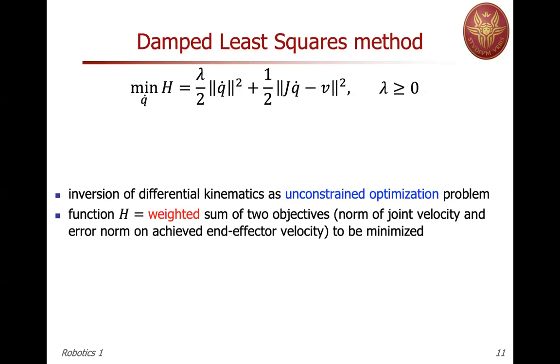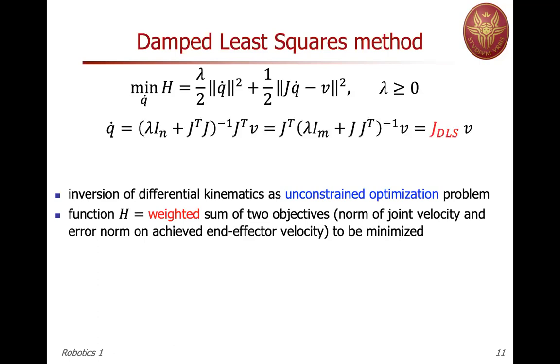But if you care, you introduce this term, which will increase the value of the objective function in case you are just inverting the Jacobian and getting very large values. So this is forbidden by this. You see that we are not saying we are inverting the solution, we are just saying we find the Q dot that minimizes this quadratic function. The quadratic function is positive definite, so the minimum is unique, and in fact takes this form.